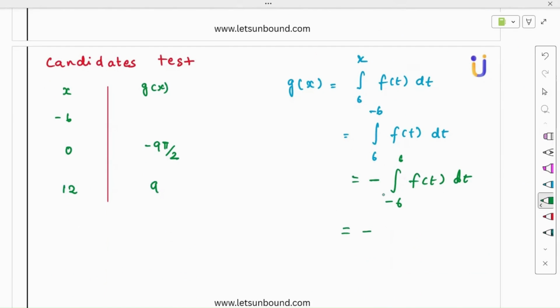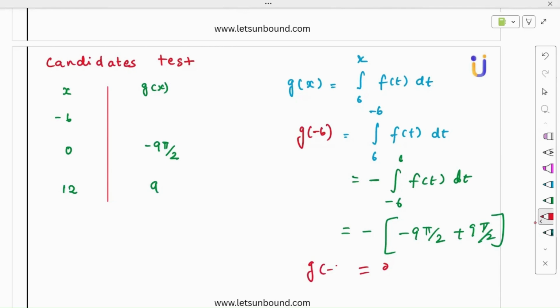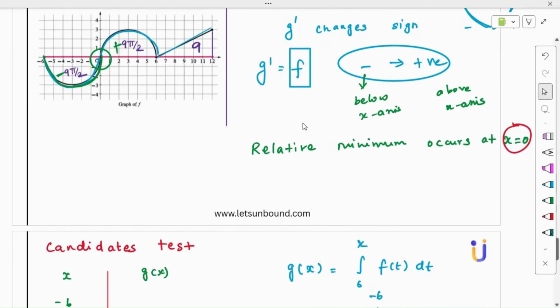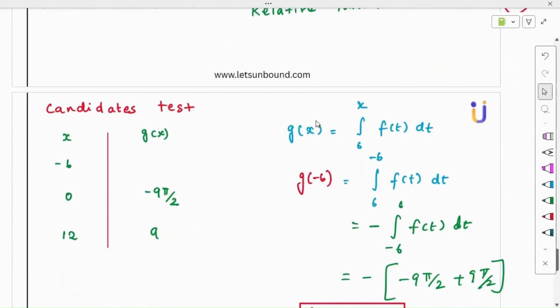So -9 pi by 2 plus 9 pi by 2 is completely 0 here. So g of -6 is 0.